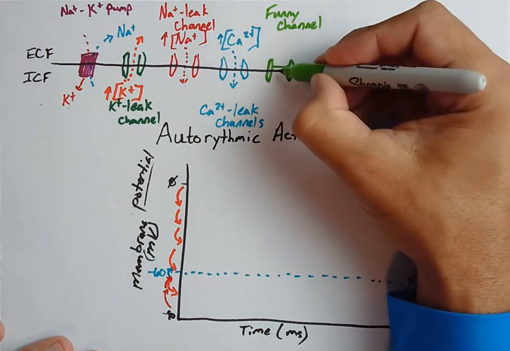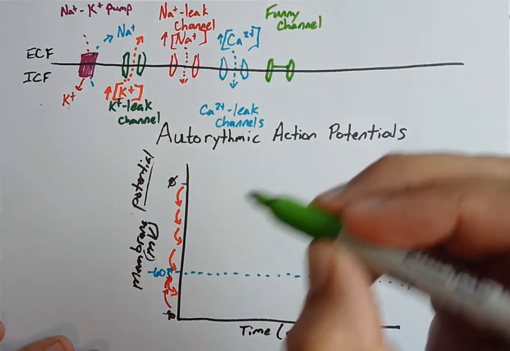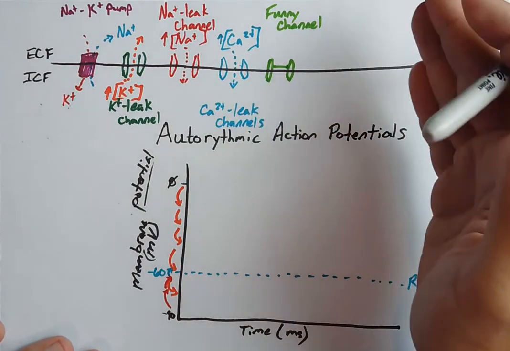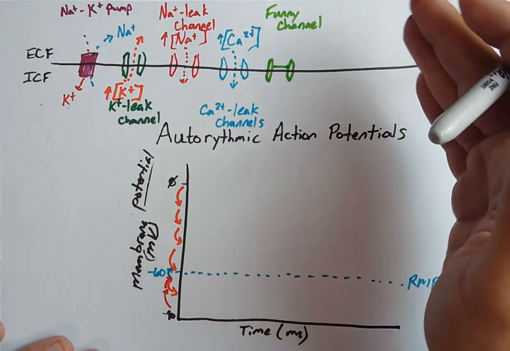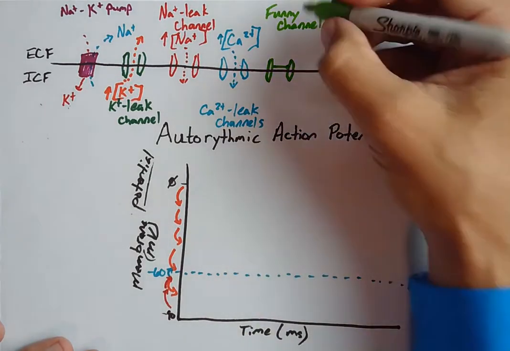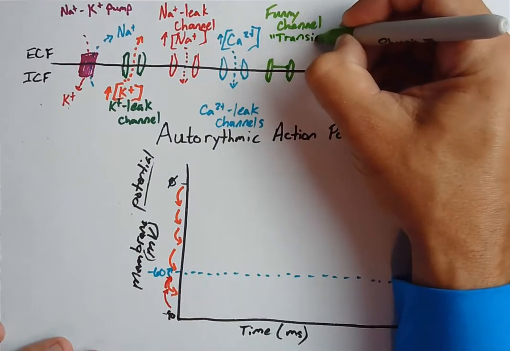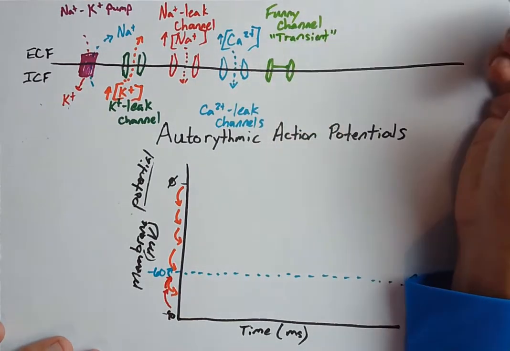And this gate can open and close in a very transient manner. It can open and close very rapidly. It doesn't stay open, it doesn't stay closed. The funny channel is going to be what's called transient, which means it opens for short periods of time.